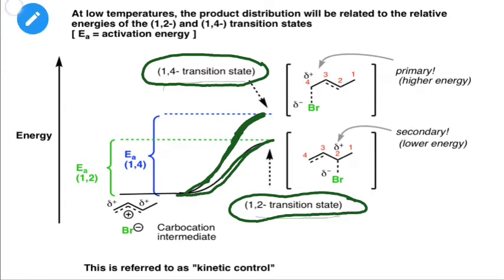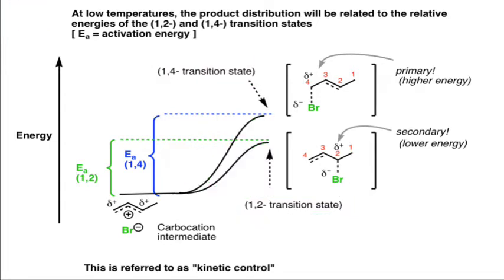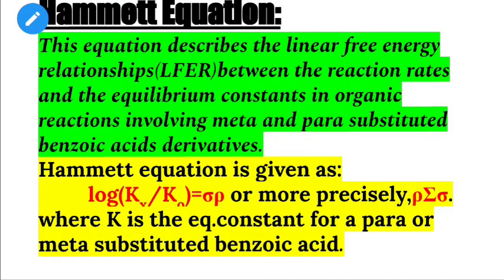So now let us move on to the next topic, the Hammett equation. What is the Hammett equation? This equation describes the linear free energy relationships, that means LFER, between the reaction rates and the equilibrium constants in organic reactions involving meta and para substituted benzoic acid derivatives.